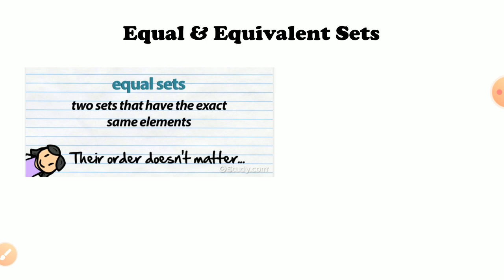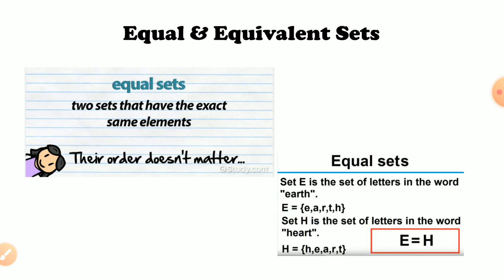Take an example. Set E is the set of letters in the word earth. We are making a set which contains the letters in the word earth. So the set E will contain E, A, R, T, H.